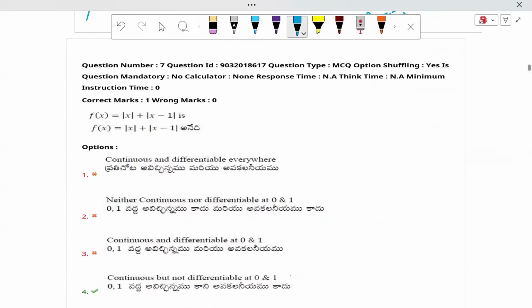Another question. This type of question, whenever given in the examination, what is the question here? F of x is equal to mod x minus a plus mod x minus b plus mod x minus c.